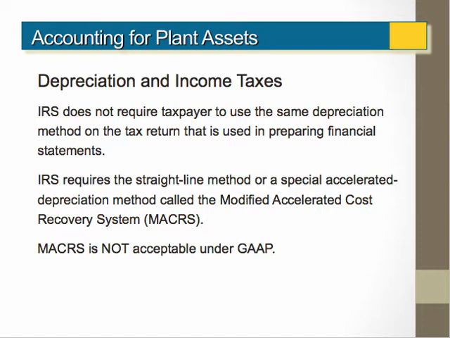In essence, MACRS is a modification of declining balance. However, because it's not a consistent application of any particular method in terms of how we get to the percentages that we use for depreciation, we cannot use MACRS for generally accepted accounting principles and the creation of financial statements.